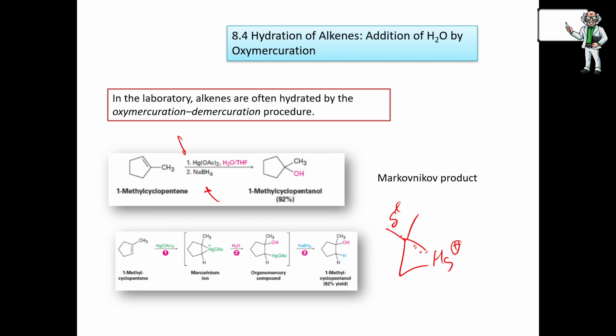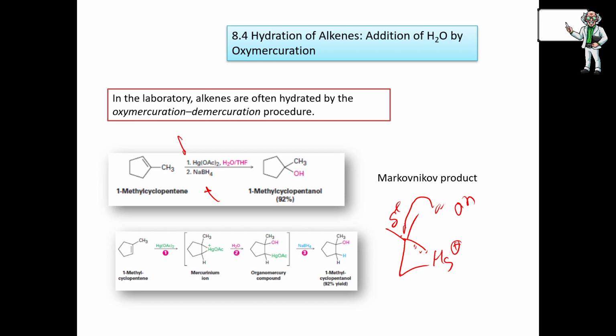Once we have the attack of the water in this position, we generate this hydroxymercury compound, and then what the sodium borohydride is doing is removing the mercury and putting a hydrogen there. That means that using this method, we put the OH in the most substituted carbon.